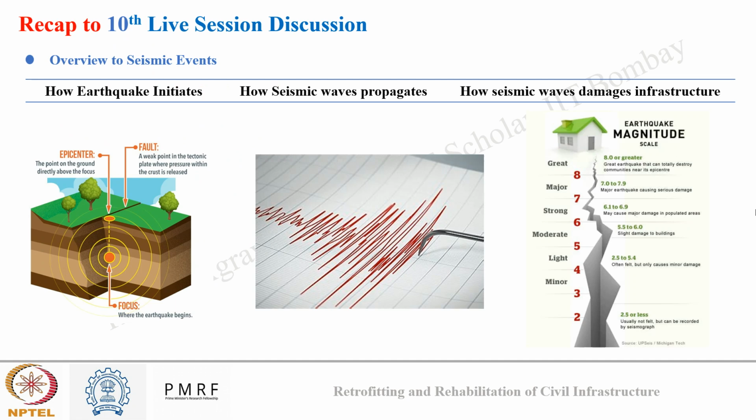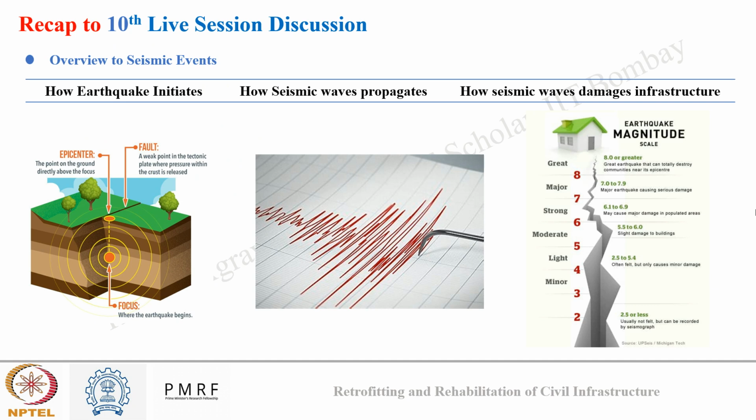So, in the last live session, we started discussing earthquake induced damage and their retrofitting measures. In this, we first had an overview of two seismic events where we discussed how an earthquake initiates, how seismic waves propagate, and how seismic waves damage infrastructure.